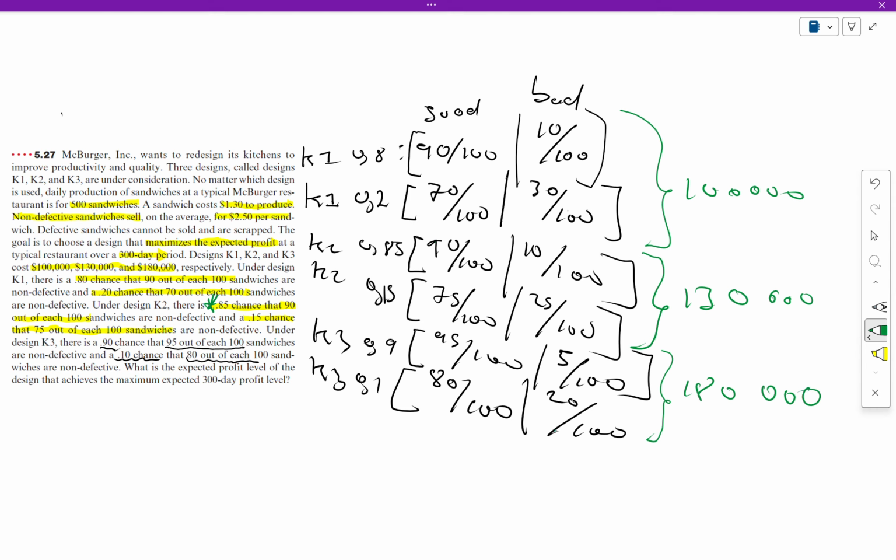So now once you have this data, you are moving in the right direction. The next thing you must do is figure out the other costs that are involved, cost implications. Then we have 300 days. We have cost of each sandwich, and then we have 4,500 sandwiches.